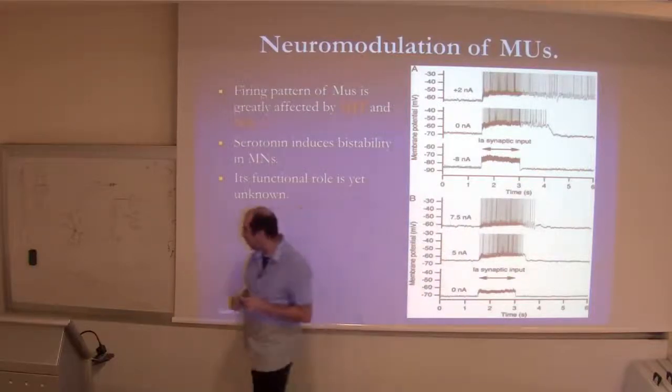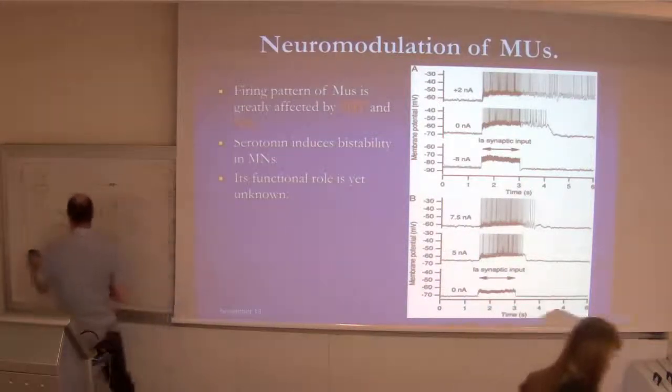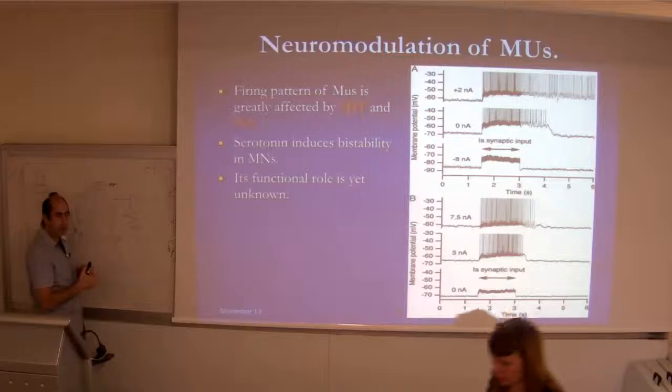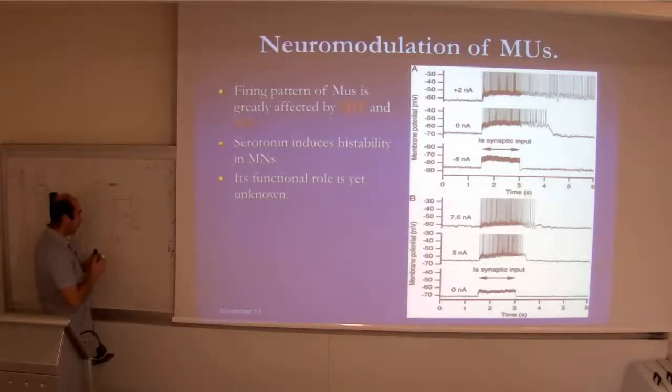The other part of the thing is something that people often ignore, and it was basically found out after the invention of patch clamp recording. What I told you is that these are sharp microelectrodes, and they go inside the cell with a glass.